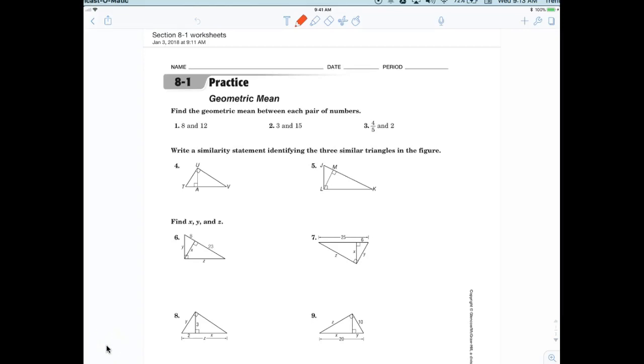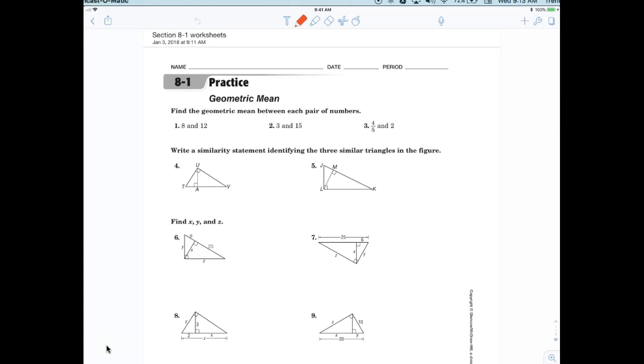For today's lesson, 10-1, or 8-1, we have, again, this chapter where we talk about proportions, but the main thing in this chapter is that we start talking about the trigonometry involved in right triangles.